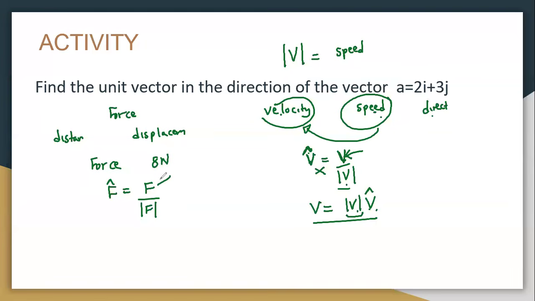So to get this force, you cross multiply. Your force will always be the magnitude times the unit direction vector. That means you'll get the magnitude of the force that has been given to you times the unit direction vector. So you need to know what you are going to do.